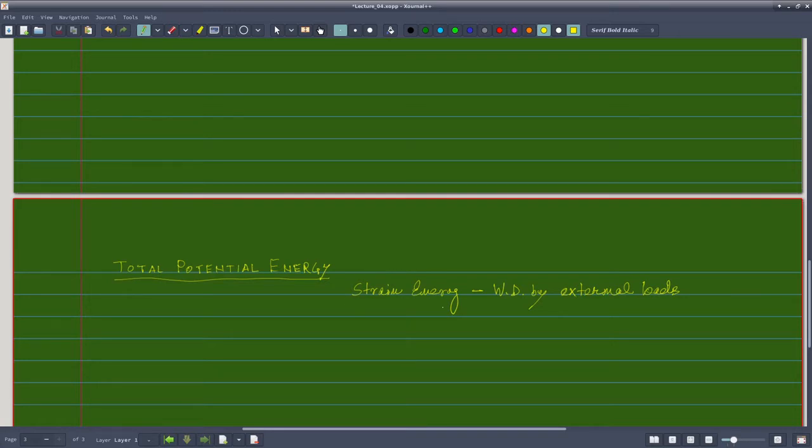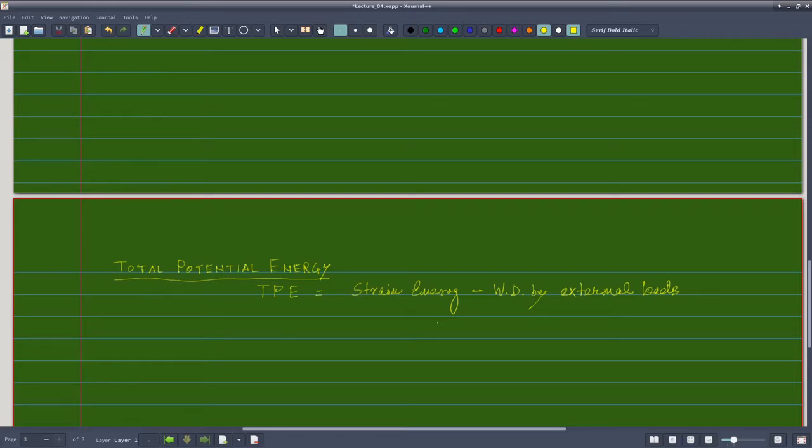The internal work done by the stresses and strains within the body. And when I subtract from that strain energy the work done by the external loads, then whatever we get is called the total potential energy, TPE.